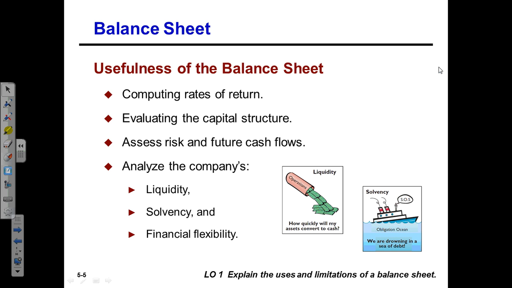Anyway, so you assess the risk, and then financial flexibility. If I already took my accounts receivable and my inventory and used them as collateral for my short-term debt, you can't borrow money with those anymore. And you can't sell them to anybody. What chapter is that in? Chapter 7 maybe.